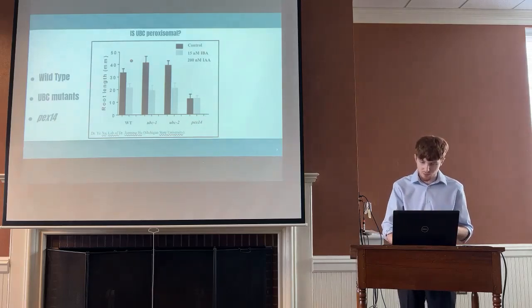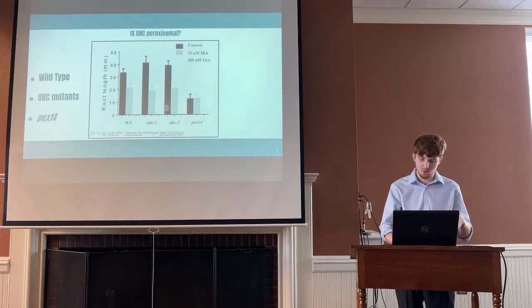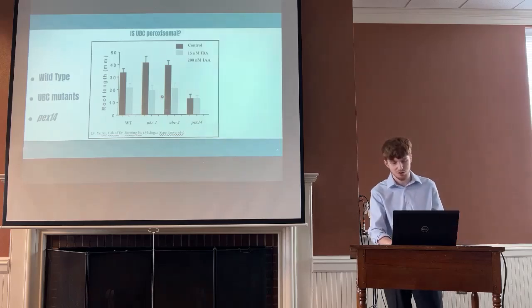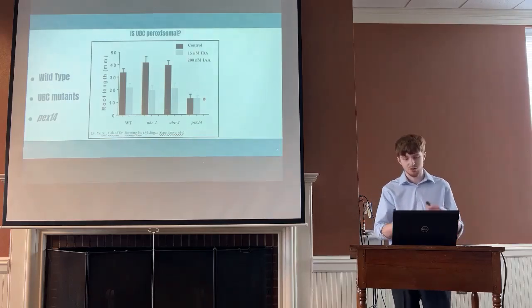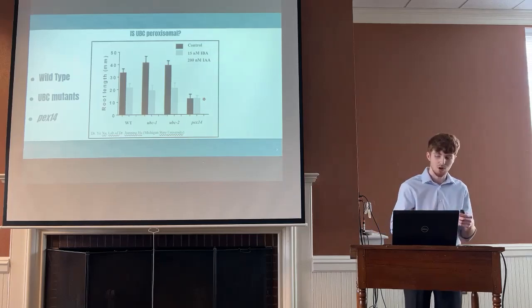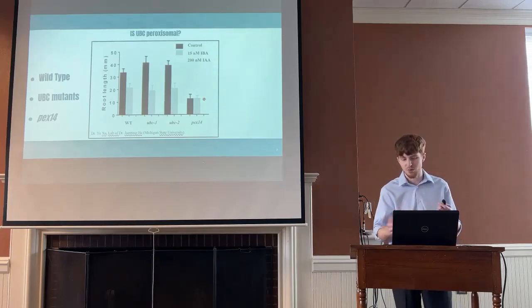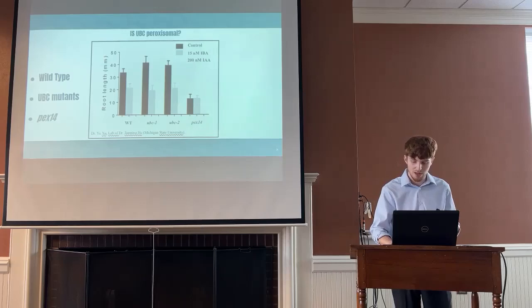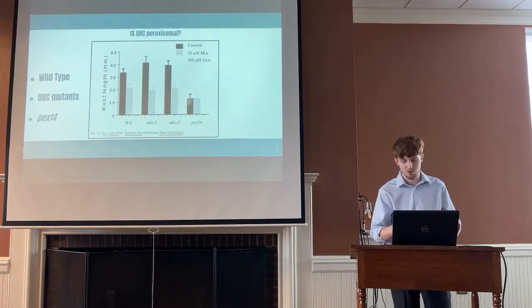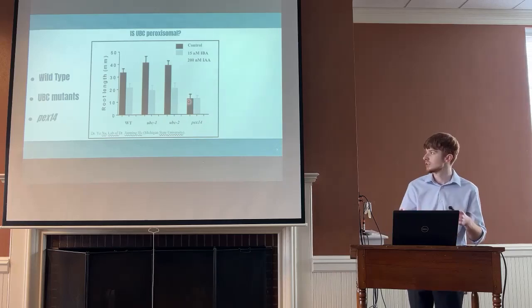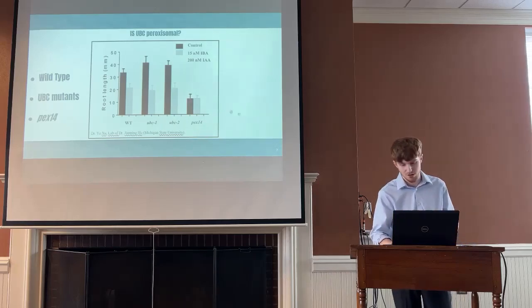When you look at the no hormone condition, denoted by the black bars, you can see that the mutants are longer than wild type, which is to be expected because studies have shown that the mutants are longer than wild type, but we don't know the mechanism of action for why that happens yet. And then PEX4 is the shortest because it is deficient in beta oxidation.